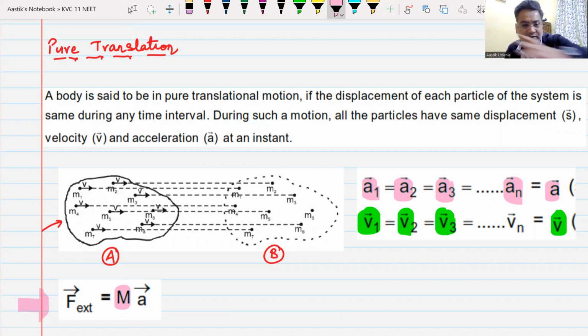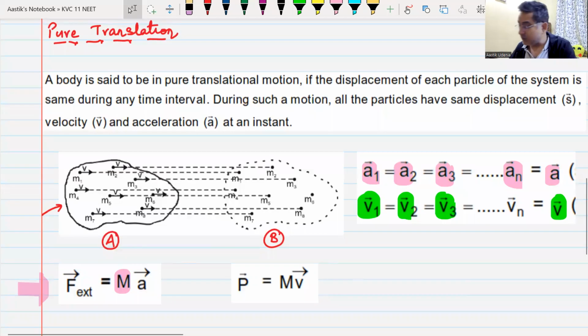The complete body is moving as one unit. Such type of motion of a body is known as pure translation. Do we understand this? Yes or no?